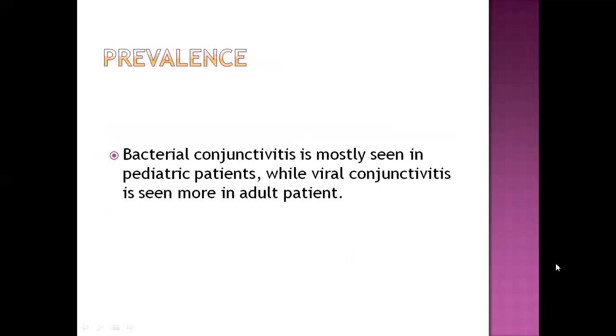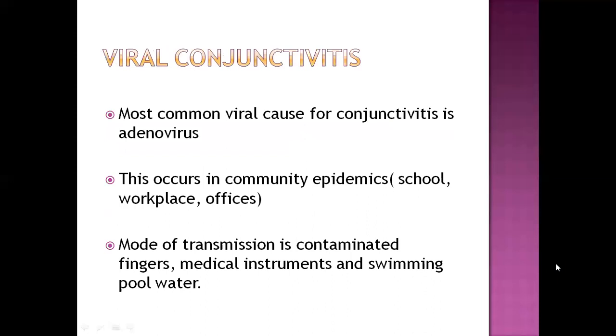Prevalence of conjunctivitis. Bacterial conjunctivitis is mostly seen in pediatric patients, while viral is seen more in adult patients. Talking about viral conjunctivitis, there will be an explanation of each causative agent type. Viral is the most common cause for conjunctivitis.